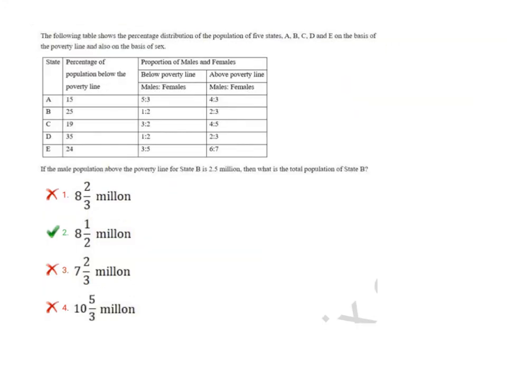The next question is asking, if the male population above the poverty line for state B is 2.5 million. So state B is 25% below, therefore above is 75%. That 75 you are distributing into male and female. So 75 is distributed into 5 parts, 15 each. So divide it into 2 is to 3. Each part is 15, so it is 30, and this one is 45. Therefore, above the poverty line male is 30%. If 30% is 2.5, that is 5 by 2 million, then what is the total population?